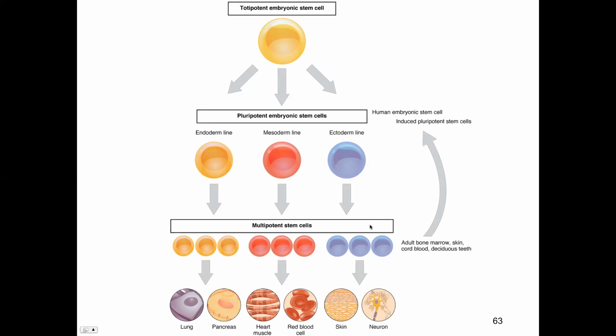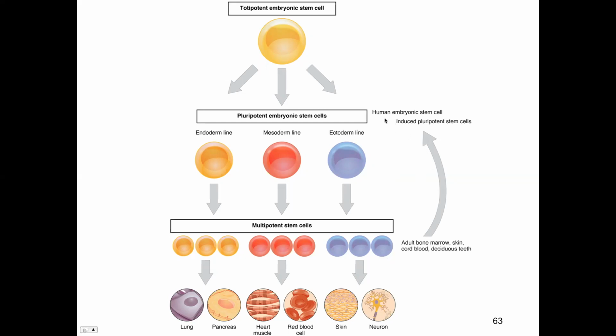The interesting thing about adult bone marrow and skin cells, as well as cord blood, those multipotent, sometimes you can put them in the lab and you can bring them back down to pluripotent, which is why when they're looking at adult stem cells for therapies, very often they want to use bone marrow cells, because they tend to be able to do this.